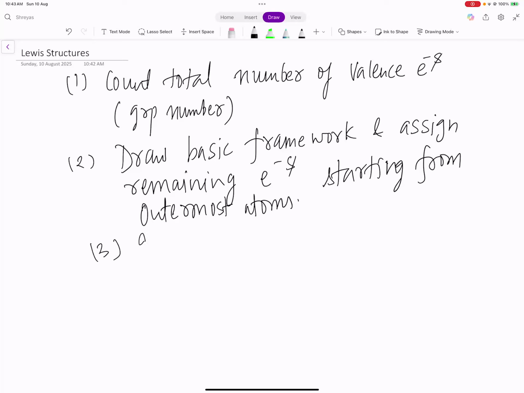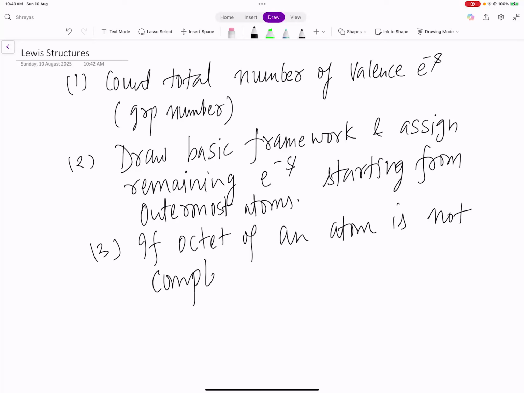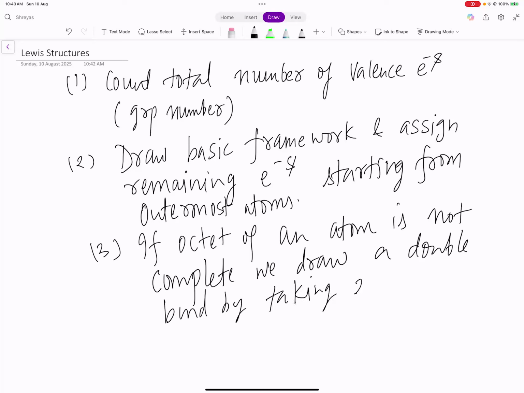Third, if the octet of an atom is not complete, we draw a double bond by taking two electrons from the adjacent atom.